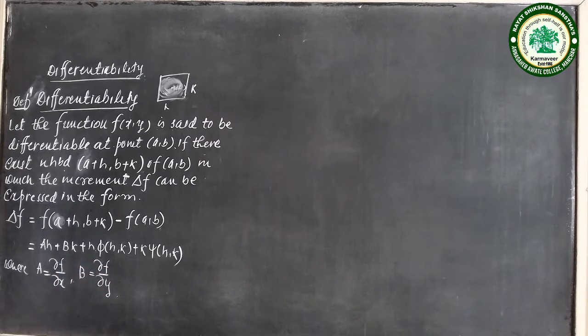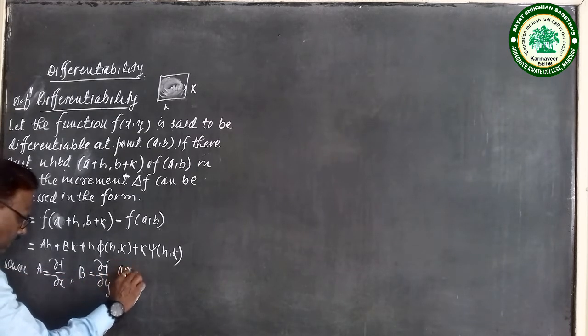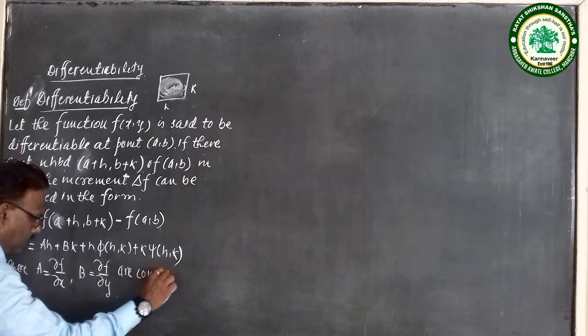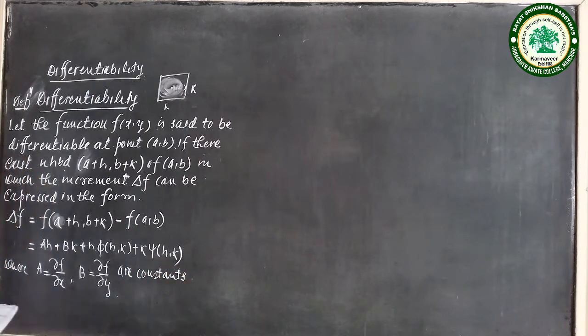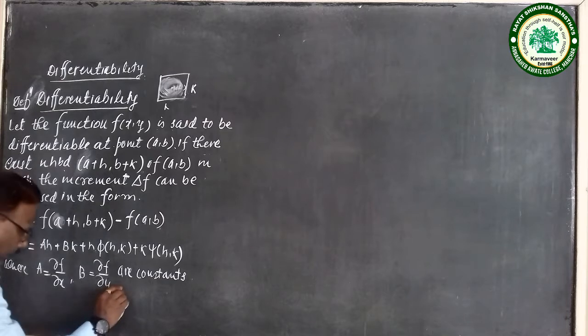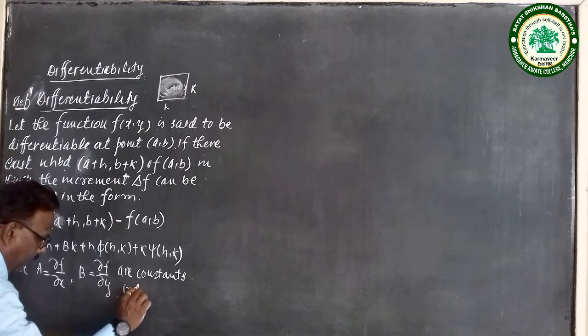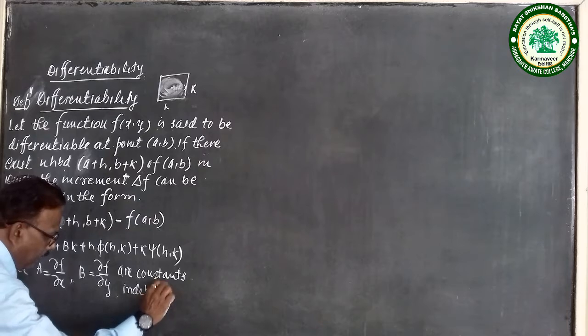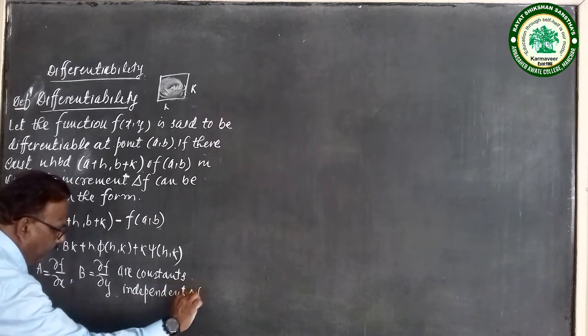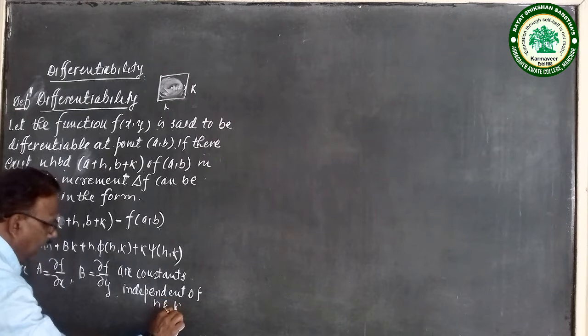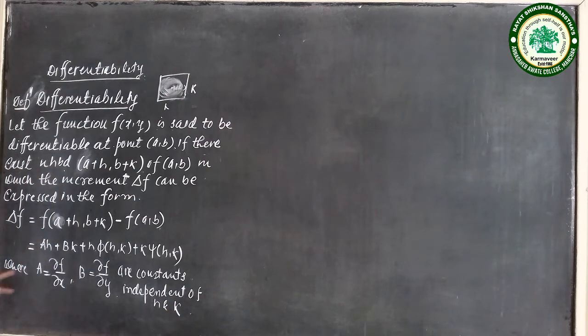These are partial derivatives of the function with respect to x and y at the point (a, b), and these are constants, independent of h and k. After substituting the point in these partial derivatives, you will get directly the values of A and B, which are constant numbers.